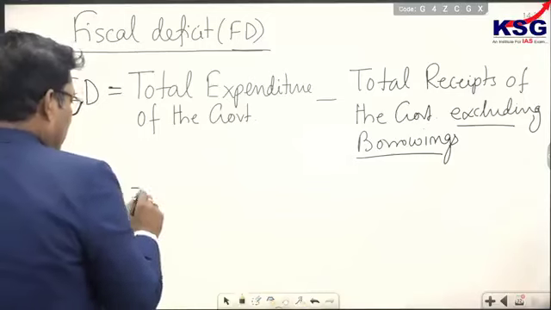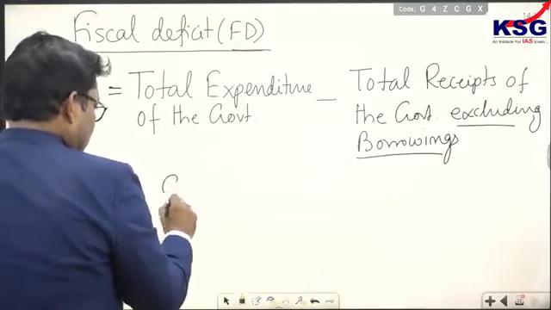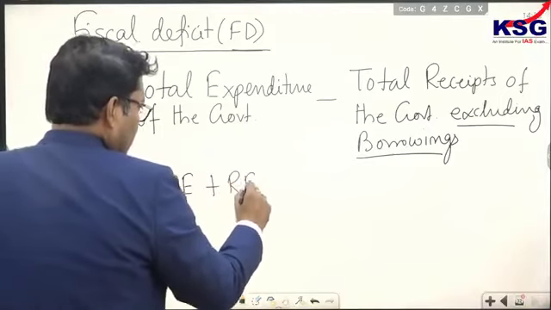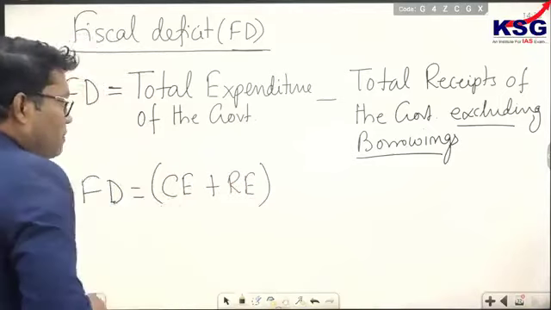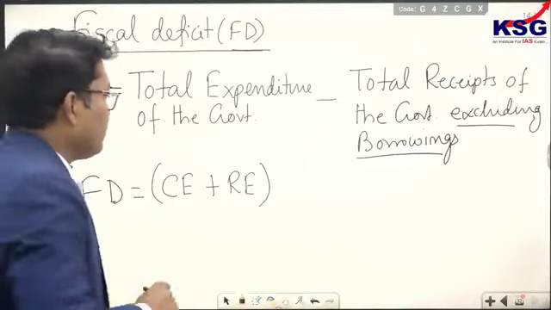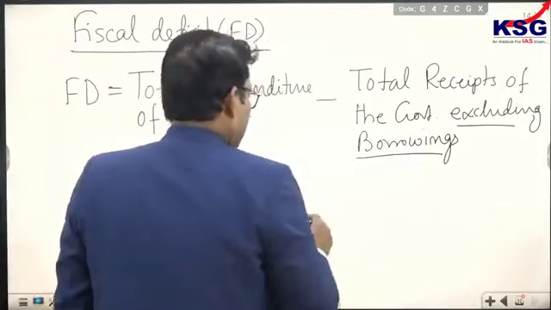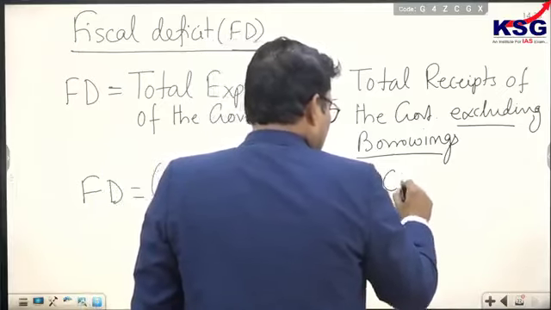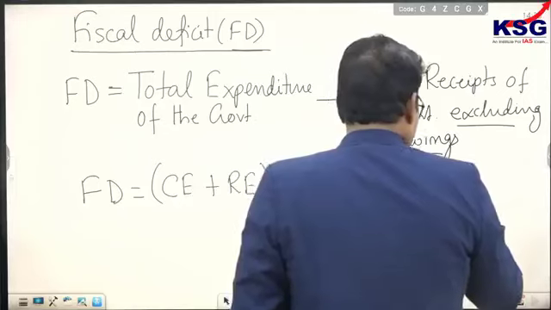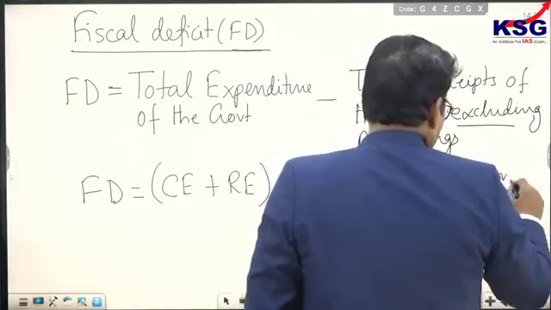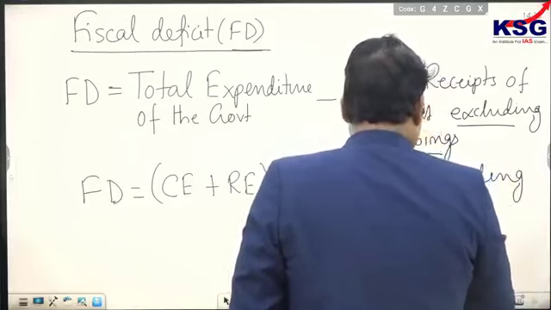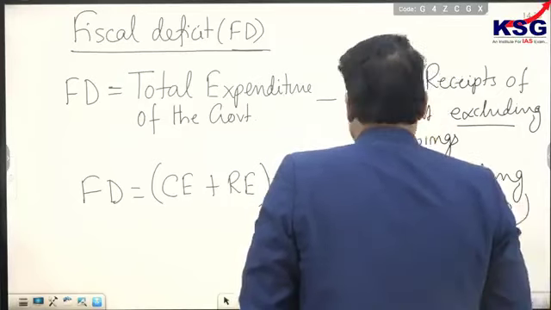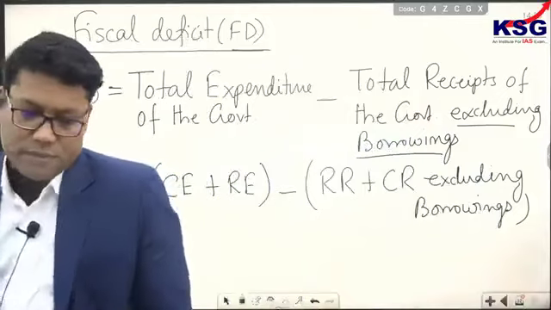Total expenditure is capital expenditure plus revenue expenditure, minus RR, meaning revenue receipts, plus capital receipts excluding borrowings. So you can also write it in this format.